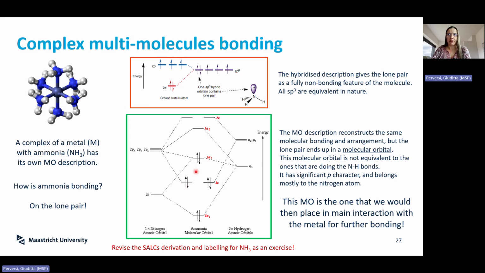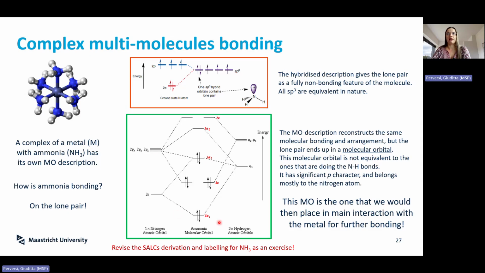But then you have the lone pair that is isolated in energy, and it is the highest occupied molecular orbital, almost basically non-bonding, available to ammonia. So ammonia is bonding with this molecular orbital. It is not equivalent to the other ones, but it is the one that is doing the bonding.